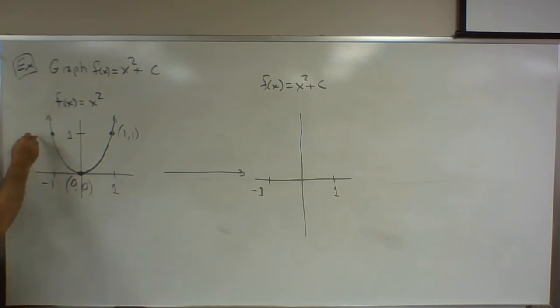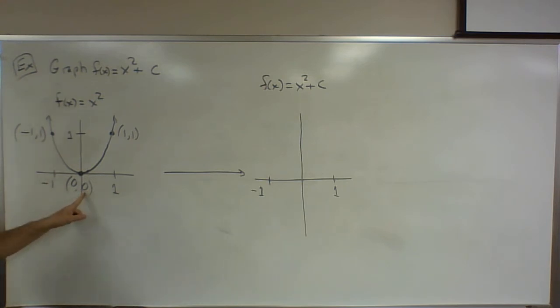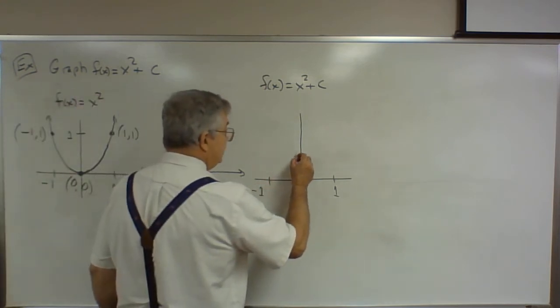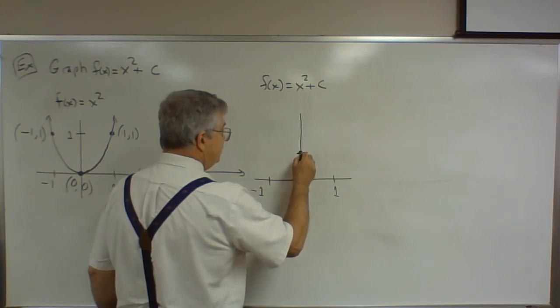So let's see, this point is (-1, 1). This point is (0, 0). This point is (1, 1). Well, if I add c to the y-coordinate of this point, that's going to make the y-coordinate equal to c.